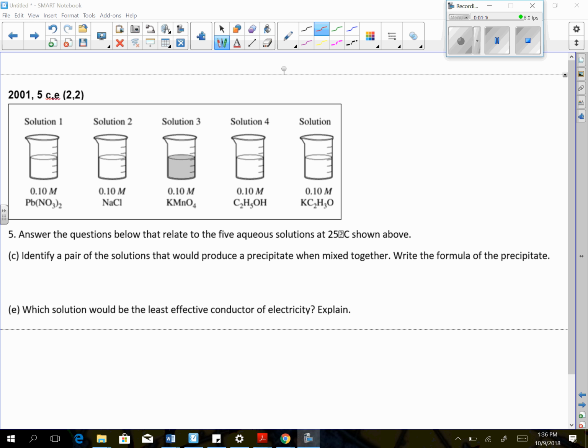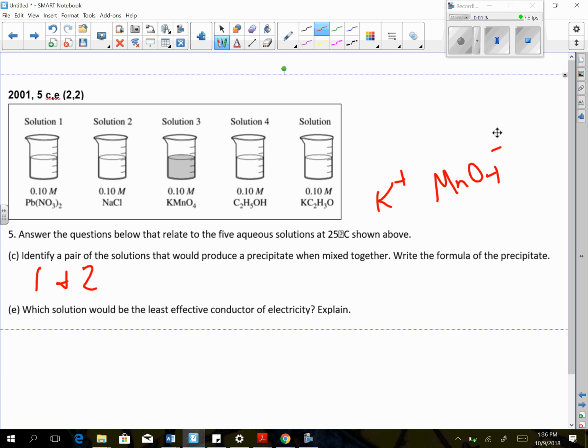And if we look at solution 1 and 2, when you mix those two, is KMnO4 a precipitate? No, K forms the ion, and then permanganate is a negative ion.